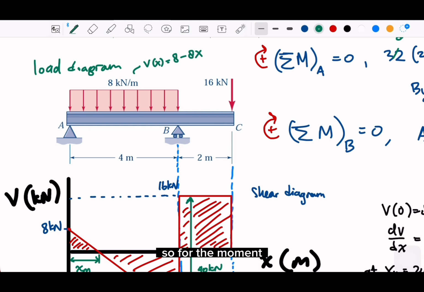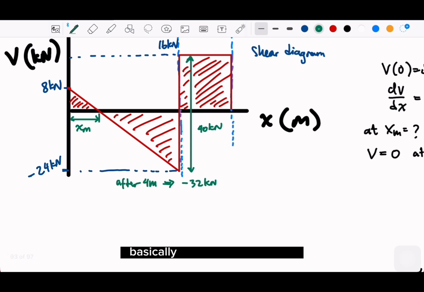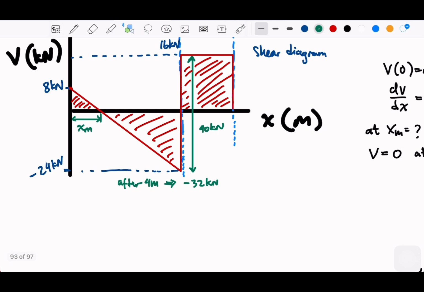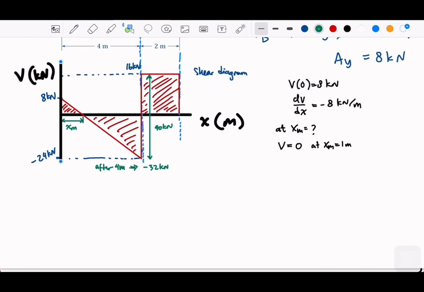So for the moment, we basically need to integrate this, right? How do we integrate? We can think that this is positive, this is negative, and this is 0, and this will be the horizontal tangent. Okay? So let me write here. So at least calculus is useful.